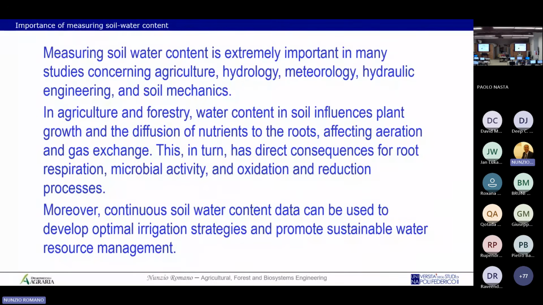And again, also now more than in the past, soil water characterization and measurement is important for precision agriculture, to set up optimal irrigation strategies and sustainable water resources. Now we are very interested in sustainable land and water resources.